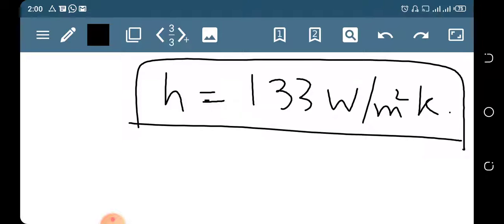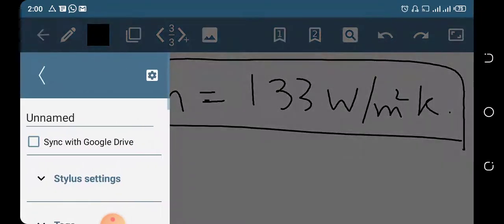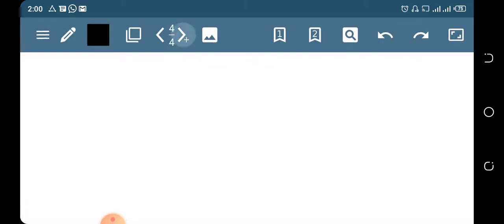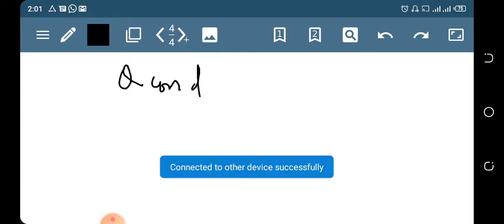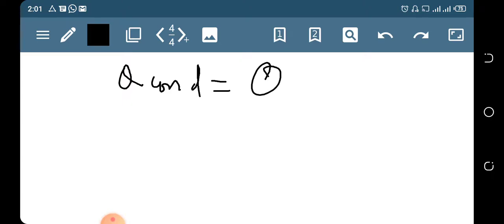Okay, take another page. Basically we have Q conduction equal to Q convection plus Q radiation. The pen is not writing very well.